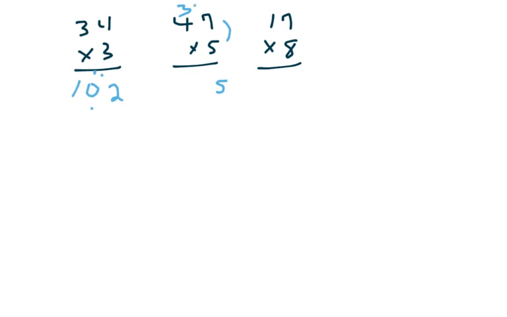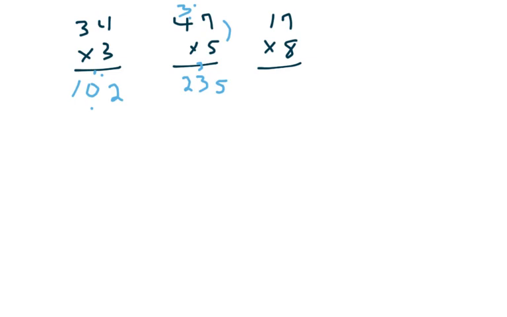Okay? 3 tens, that goes up there. 5 times 4 is 20. Add the 3, 20 plus 3. That's pretty simple, isn't it? 23. Okay? And again, if you wanted to put it down, you could put the 3 down here to add on after you multiply 5 times 4, 23.